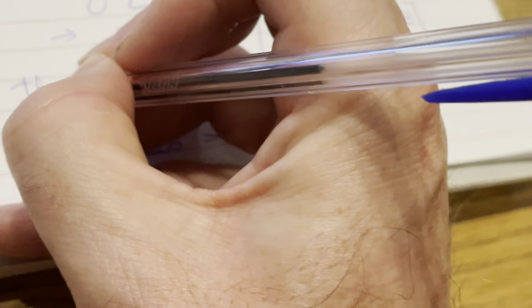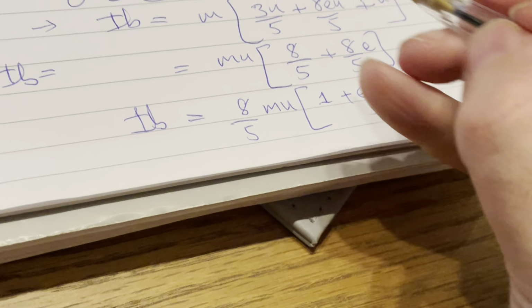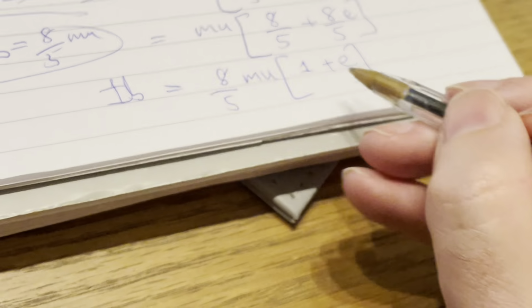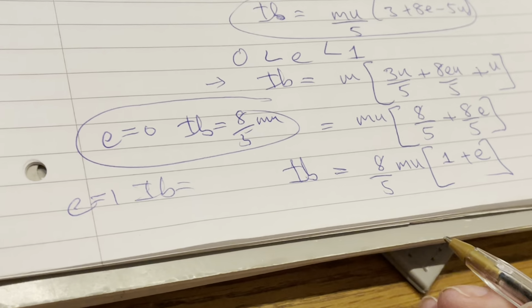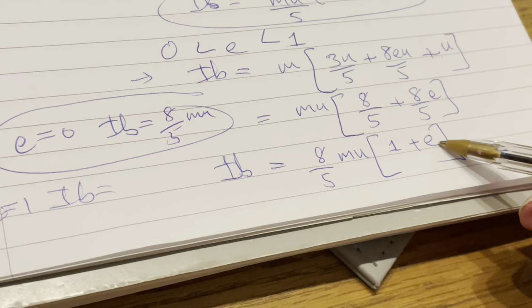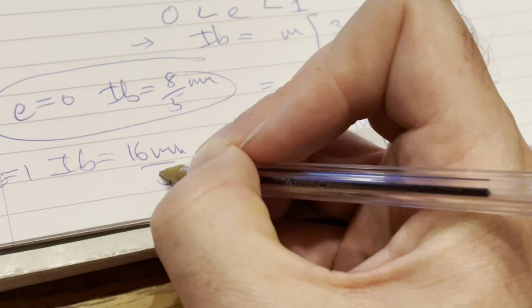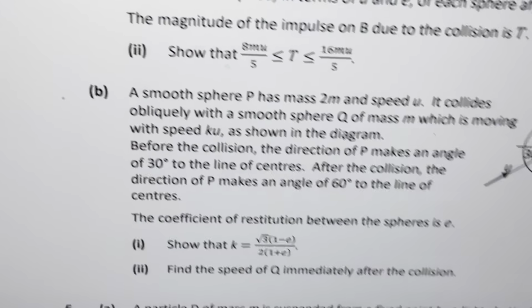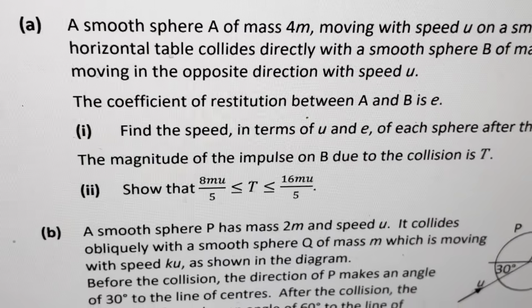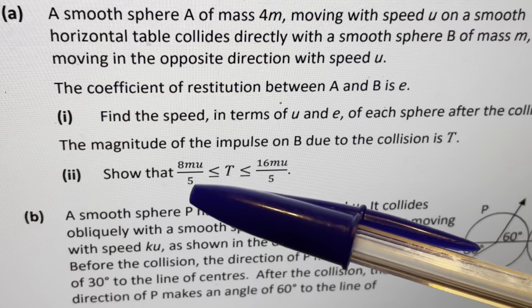If e is 0, then IB will be equal to 8 over 5 mu. And if e is 1, then IB will be equal to twice that, so 16mu over 5. I'll be surprised if that's correct, because I've been around the houses a little bit, and it is.